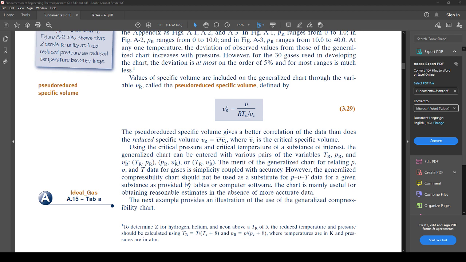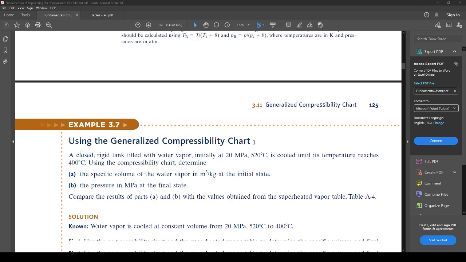However, the generalized compressibility chart should not be used as a substitute for PVT data for a given substance as provided by tables or computer software. The chart is mainly useful for obtaining reasonable estimates in the absence of more accurate data. The next example provides an illustration of the use of the generalized compressibility chart. So this is what we're going to do right here.